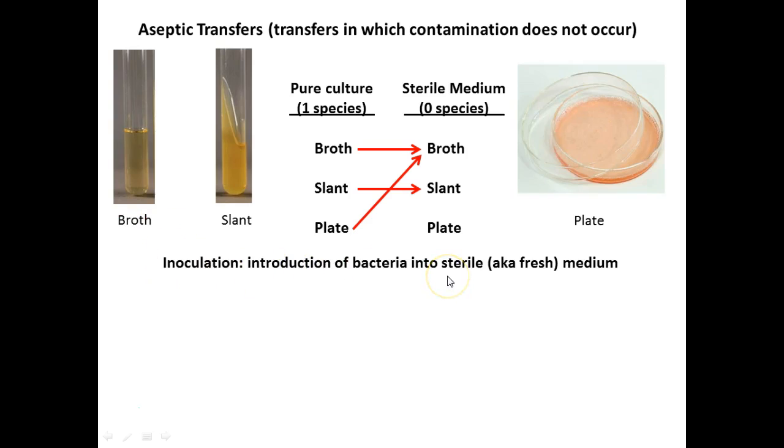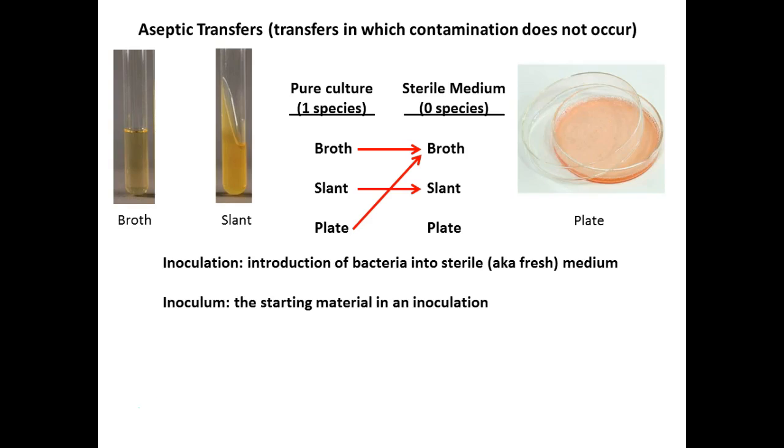Inoculation is the introduction of the bacteria into that sterile media. So you're taking some bacteria and inoculating a sterile media source so that it'll grow. Inoculum is what you're starting with, those organisms that you're taking from whatever source.